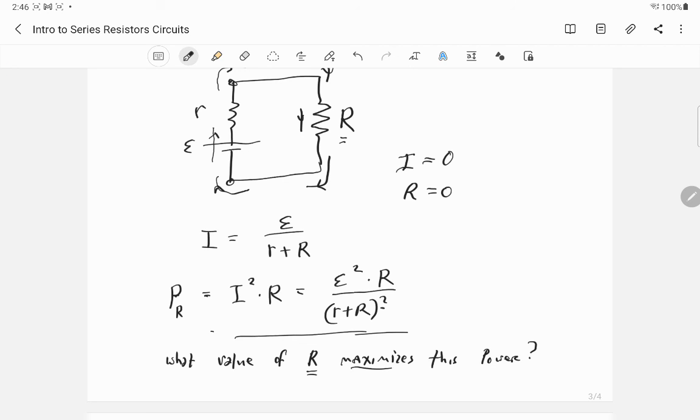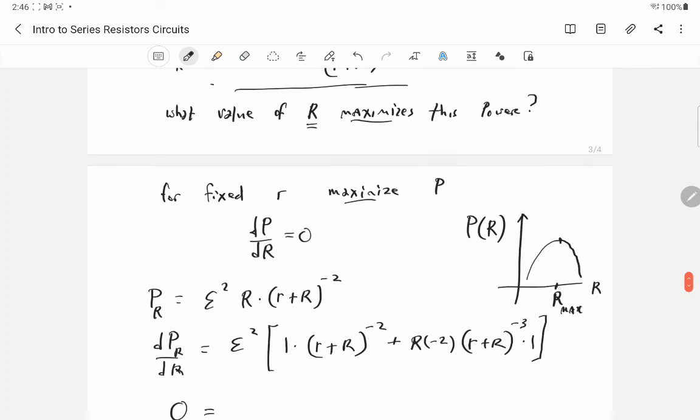What happens is that the power actually kind of goes back down, right? So if you choose R too small, even though your current is increasing because you have less resistance overall in the circuit, this multiplication by the small r squeezes out the power too. So there's some magic position, magic choice of R that maximizes the power.